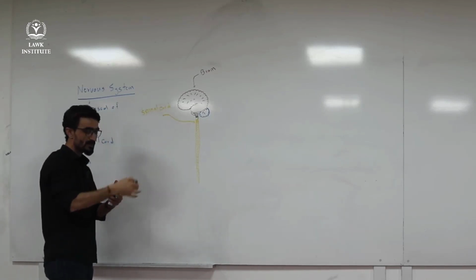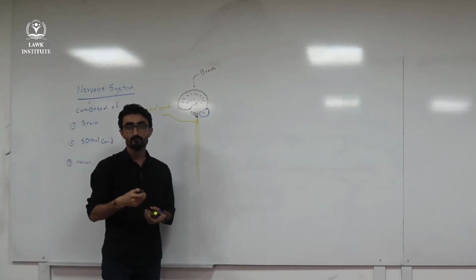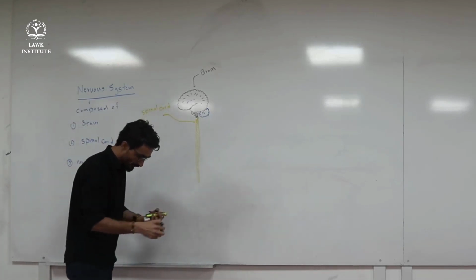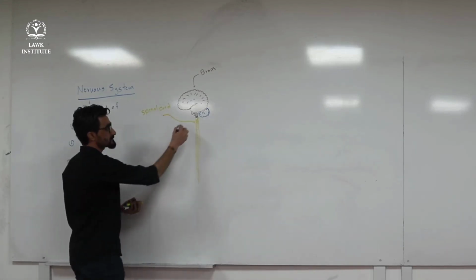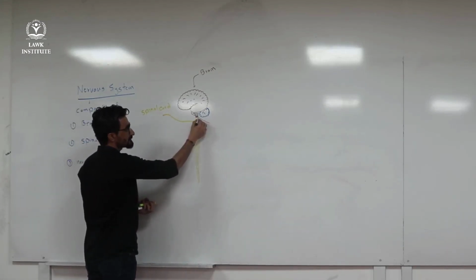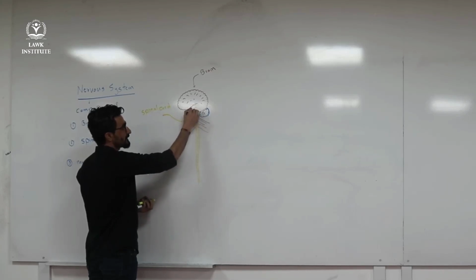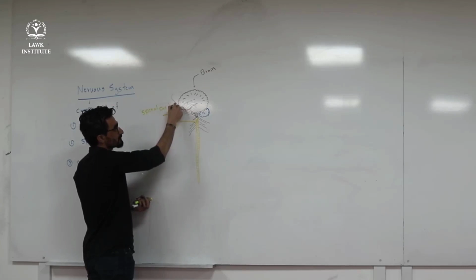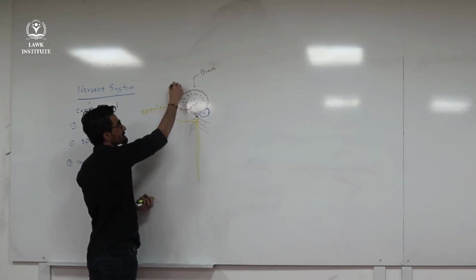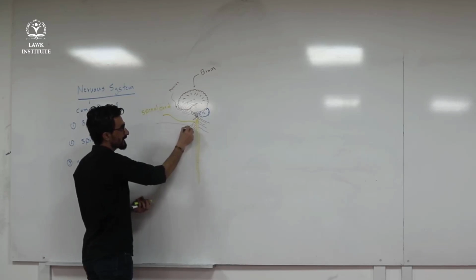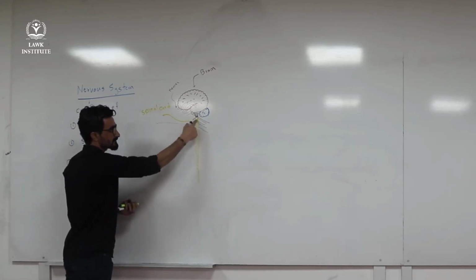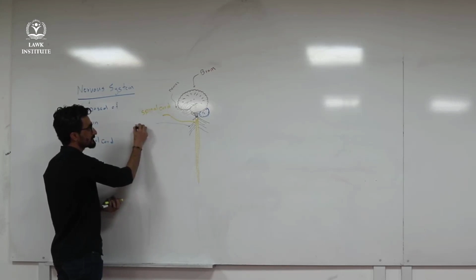And later, we have extensions of bundles of neurons that extend from the spinal cord to your neck. We also have extensions of bundles of neurons that extend from your brain to your head. These black lines represent nerves. And same here, these black lines that extend from the spinal cord are called nerves too.